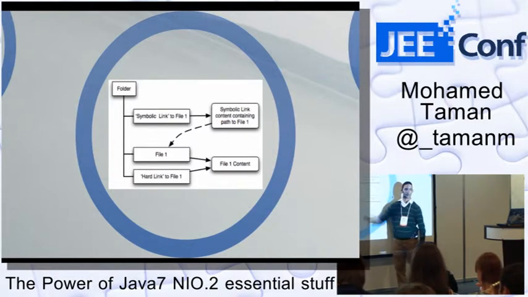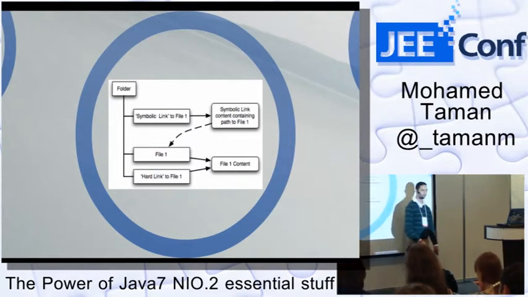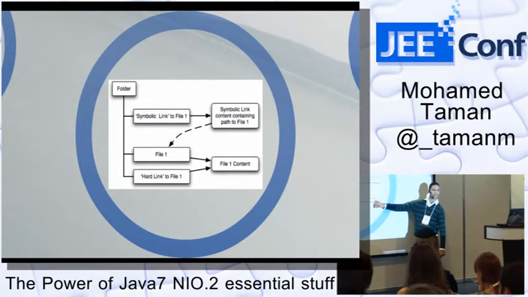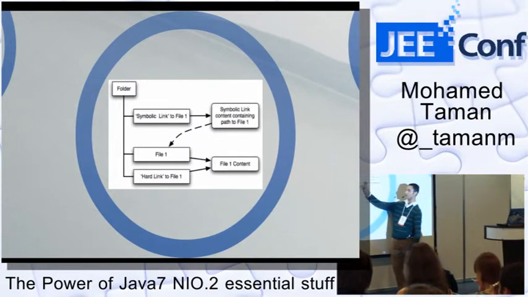When you create a symbolic link, you will find the size of the symbolic link is the number of characters containing the name of the file. If the file name is 8 characters, you will find the size of the symbolic link is 8 characters. What if the file is 1 gigabyte? It's not relevant to the content, it's just pointing to the file.